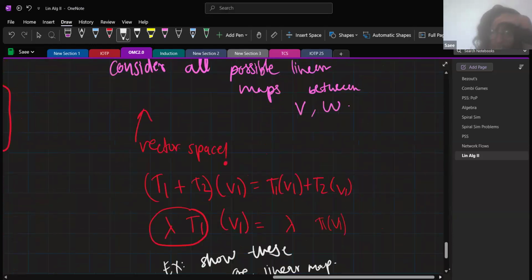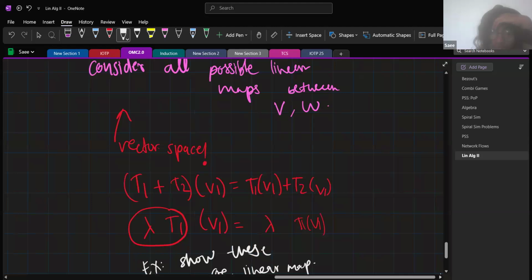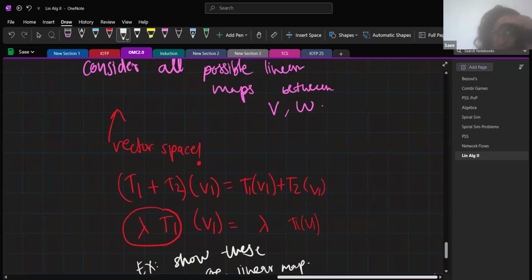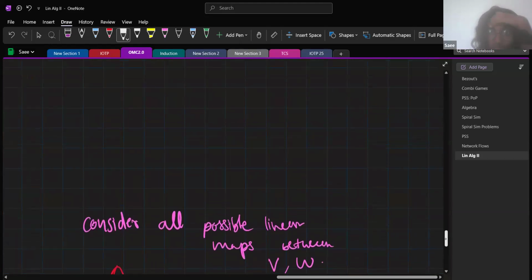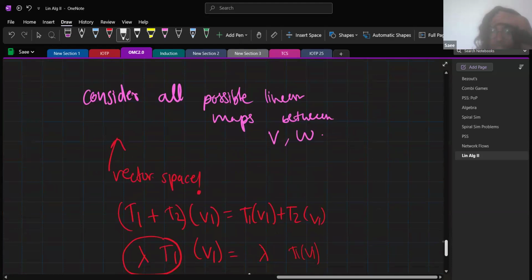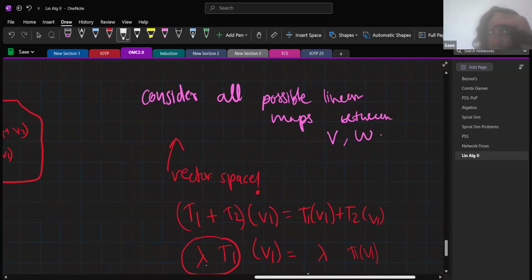And the cool thing is that each of these Ti is, as Arham mentioned, something you can think of as a matrix. That's where matrices come from. Maybe we can talk more about this in some time. It's quite cool stuff.